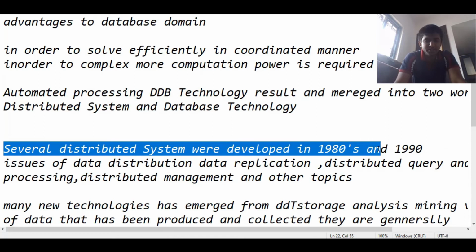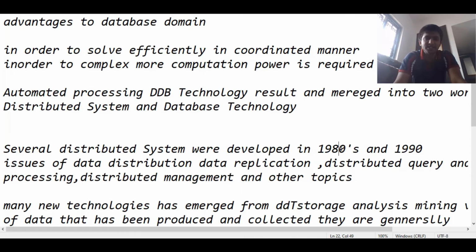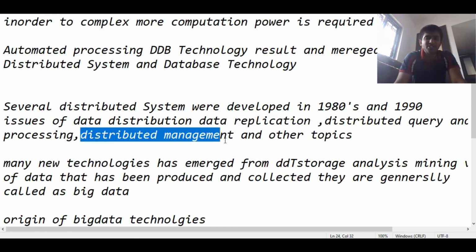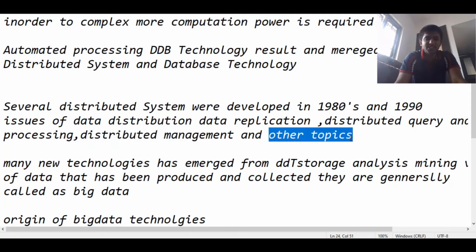Distributed systems were developed in the 1980s and 1990s. What were the issues of the distributed database system? They were data distribution, data replication, distributed query processing, distributed transaction management, and other topics. These topics will be discussed in this chapter.